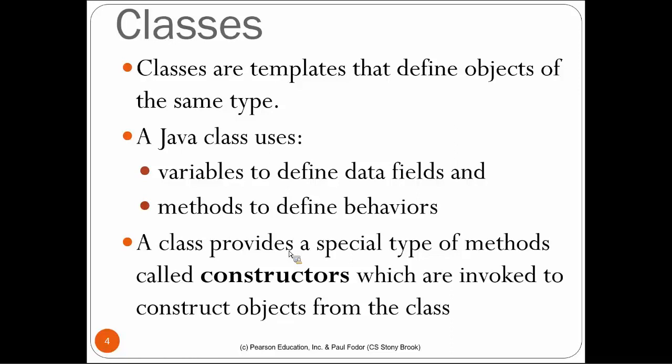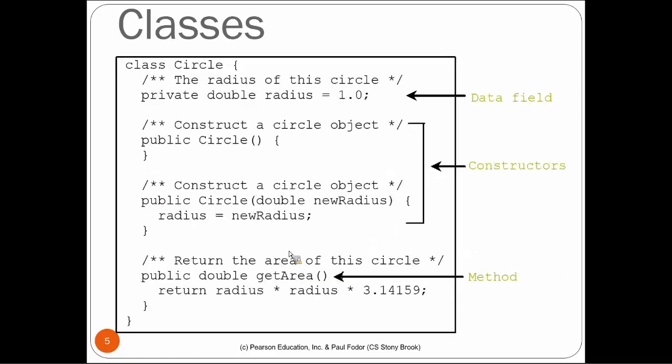Or new String, when we create a string and to that string we pass either no parameters, in which case it creates an empty string, or we pass an array of characters and it creates a string, a sequence of those characters into a single string object. So the constructor has the same name as the class itself, and it creates objects of that specific class.